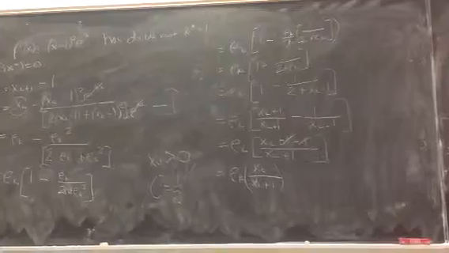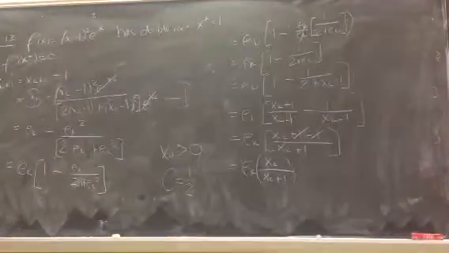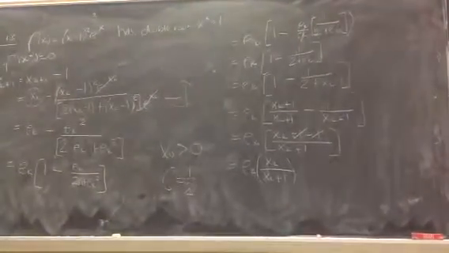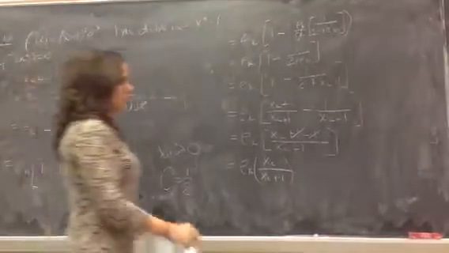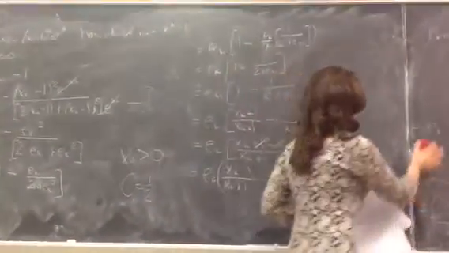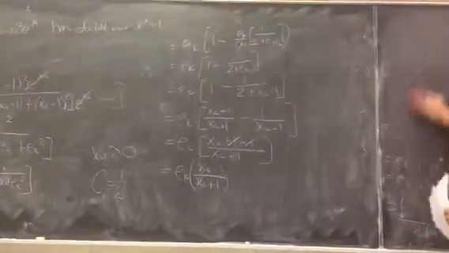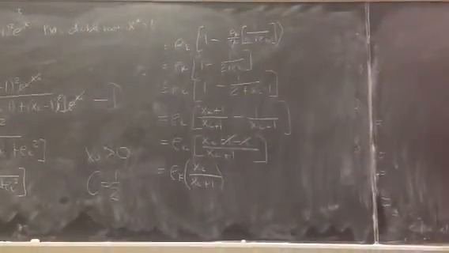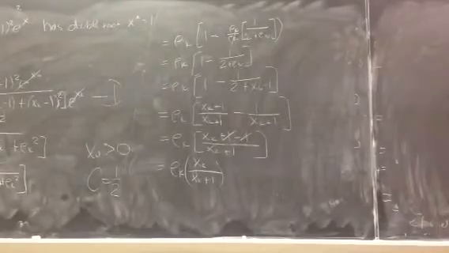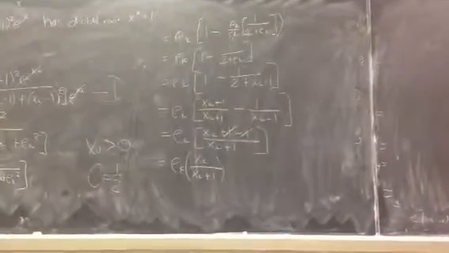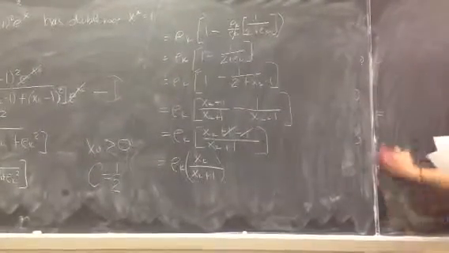Now we'll move on to the secant method. One particular drawback for Newton's method is that we have to compute f prime at x_k, and sometimes that might be difficult for a particular function.